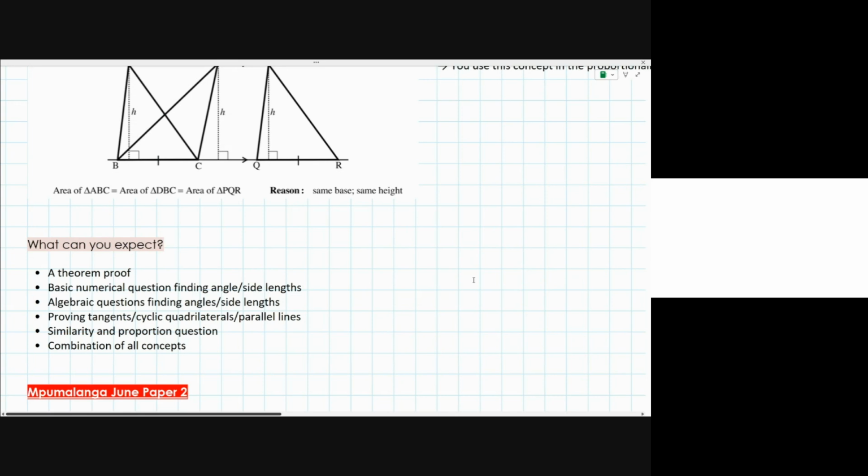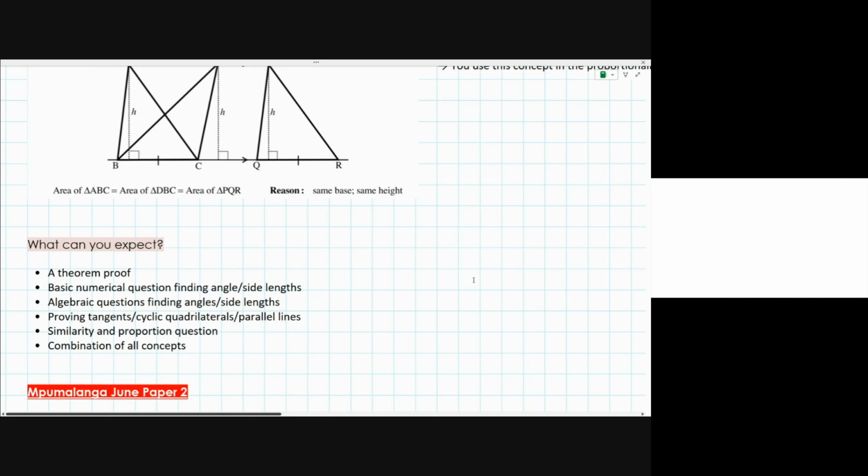I don't know, like prove it's a rhombus or something. That typically is an analytical question, but you're going to use geometry or geometric reasons to get there. And then you have a similarity and proportion question. Generally, this does combine all of the concepts: straight lines, circles, similarity, proportion. The similarity and proportion is often within a circle question, so a combination of those.